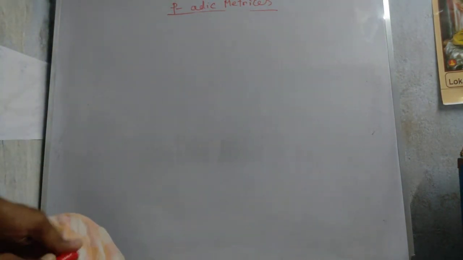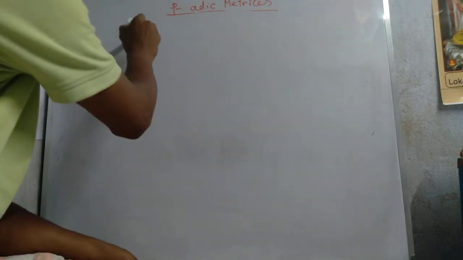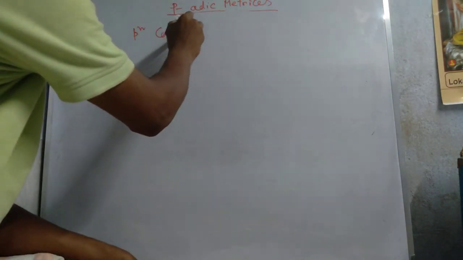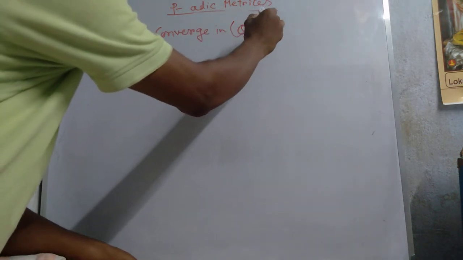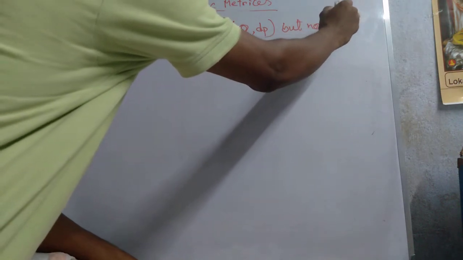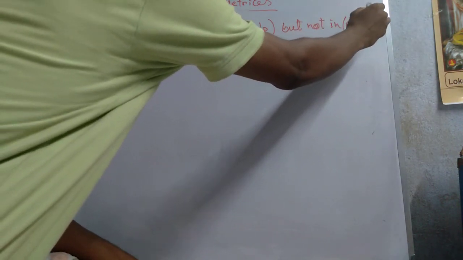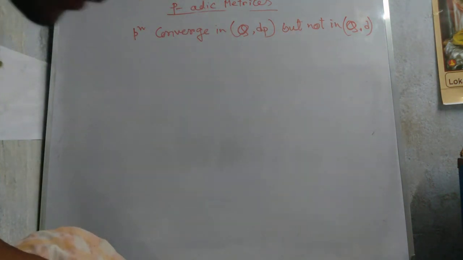Here given p to the power n converges in (Q, d_p) but not in (Q, d). Okay, how does this happen?